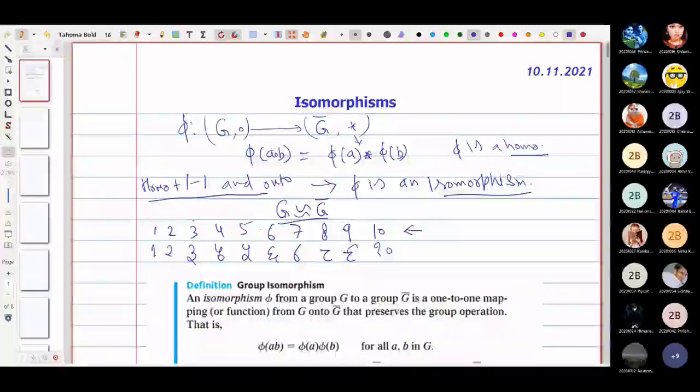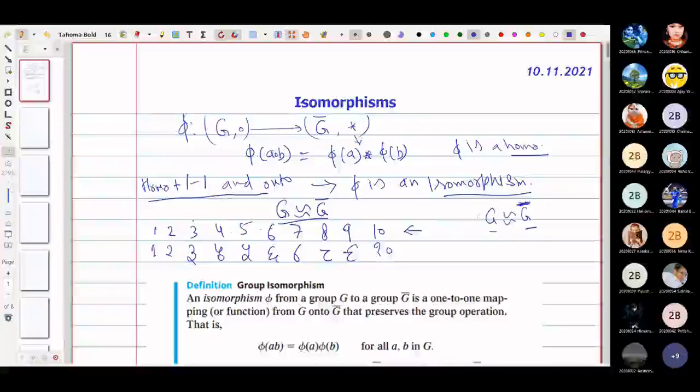So when we say that G is isomorphic to another group G bar, it means that there exists a 1-1 map from G to G bar, which is onto as well, and which is a homomorphism as well.